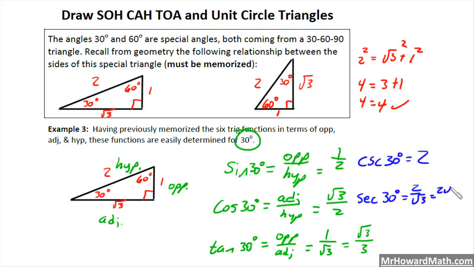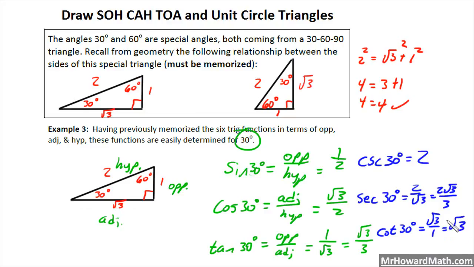Fix that, make it 2 square root of 3 over 3. We're rationalizing the denominator here. We've done that in previous lessons, so go back and check those out if that's giving you trouble. And then the reciprocal of tan is cotangent, so cotangent of 30 degrees would be, just flip that over, square root of 3 over 1, which is just square root of 3.